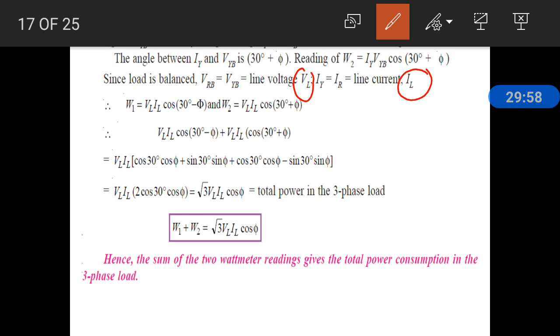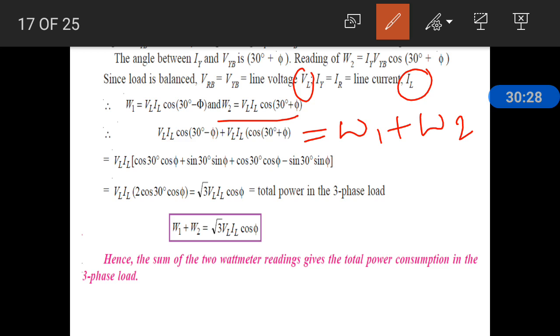So W1 reads VL IL cos 30 minus 5, where VL means VRB and IL means IR, and W2 reads VL IL cos 30 plus 5. Now we are going to add these two values. W1 plus W2 is the total power.